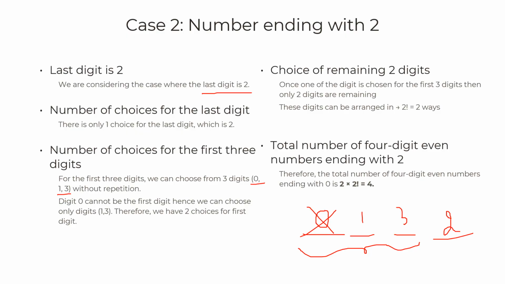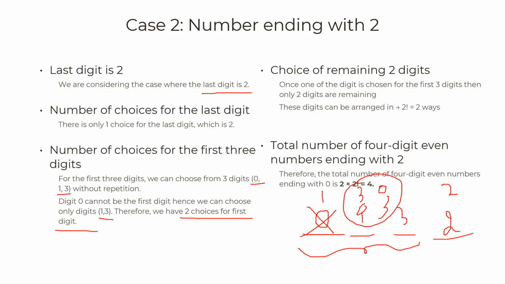So the remaining choices are 1 and 3. We have only 2 choices for the first digit, so we can choose in 2 different ways. Now for the remaining digits, we can choose from the other 2 digits. For example, if I choose 1 over here and 2 is already present, then I have the possibility of 3 and 0, or 0 and 3, which can occupy the second and third digit.